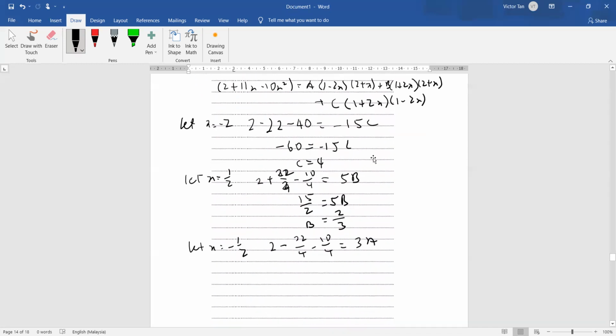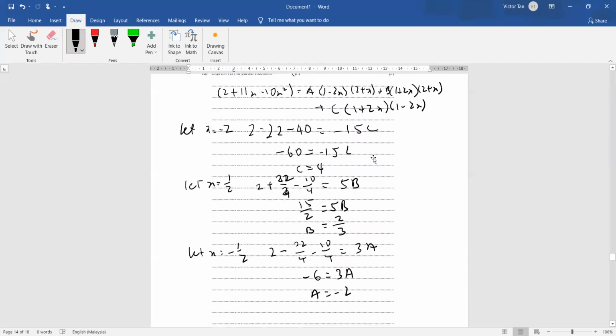So this is minus 32 over 4, which is minus 16 over 2, minus 8 is minus 6. A is minus 2. Let me see if this is 5B.